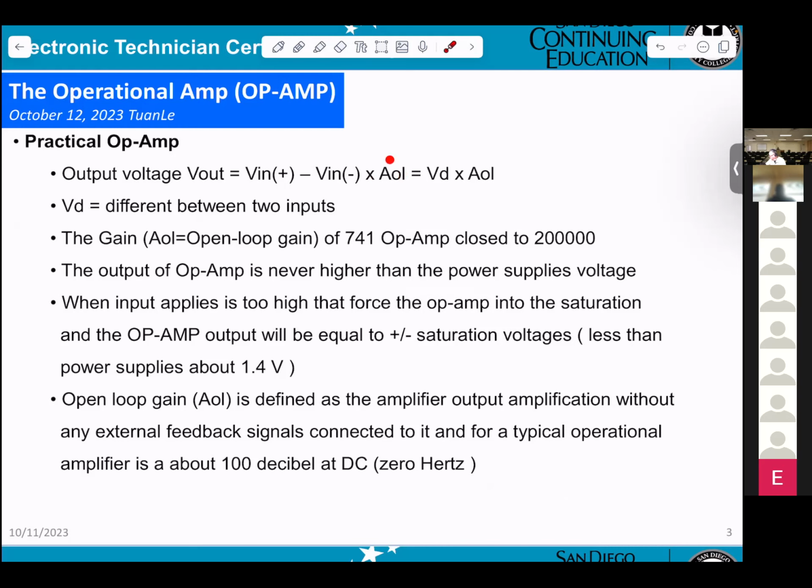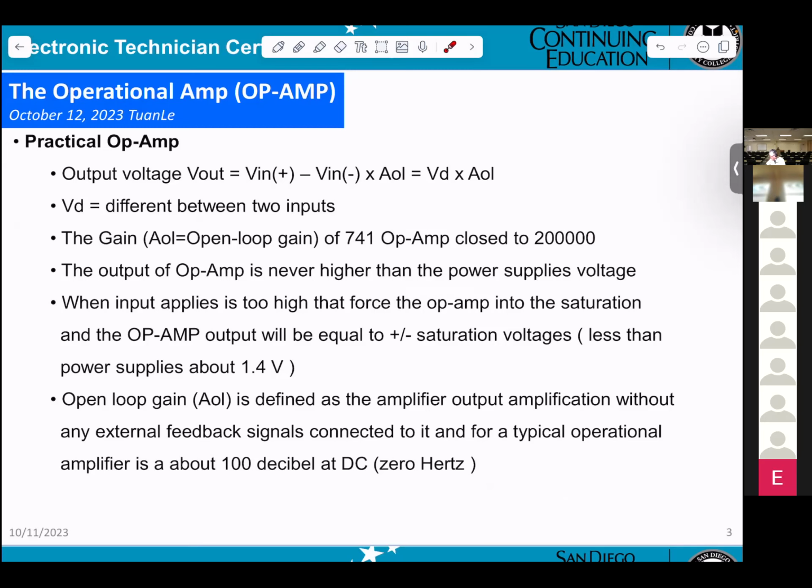The gain can also be a closed loop gain. VD is the difference between the two inputs, that means V at positive minus V at negative. The open loop gain of the 741 op-amp is up to 200,000.